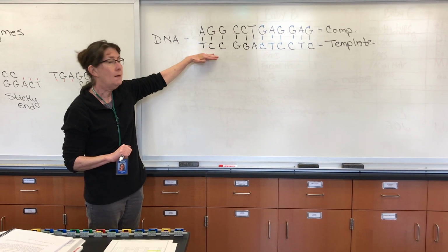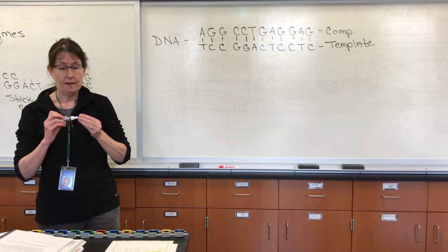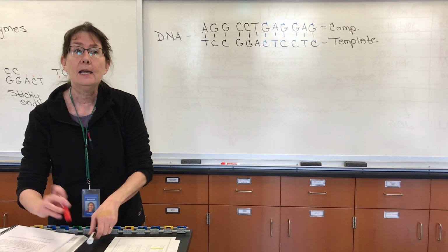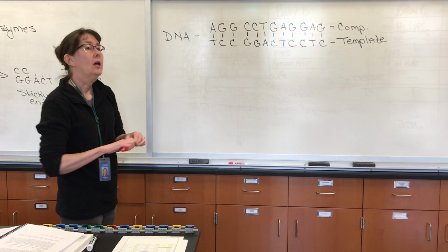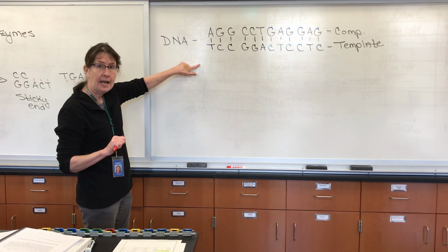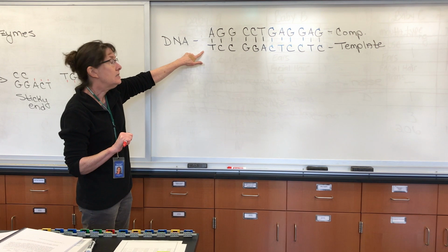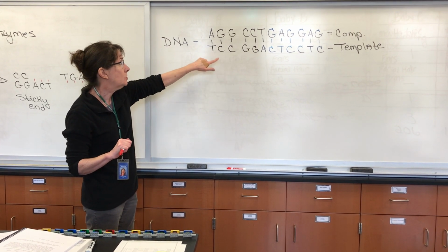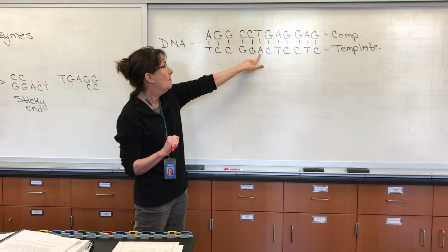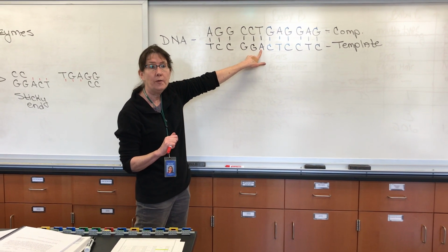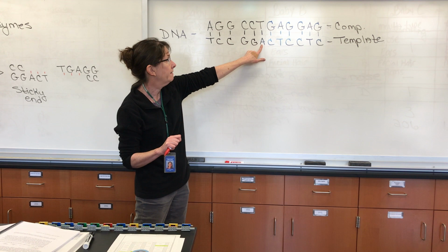So from our template strand of DNA, we're going to make messenger RNA. So remember, DNA to RNA. T is still going to go to A, C still going to G, G still going to C, but remember, there is no thymine in messenger RNA.